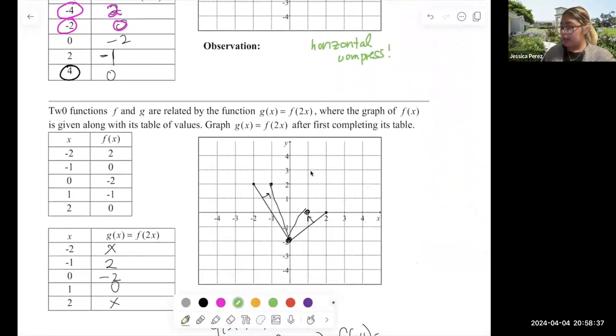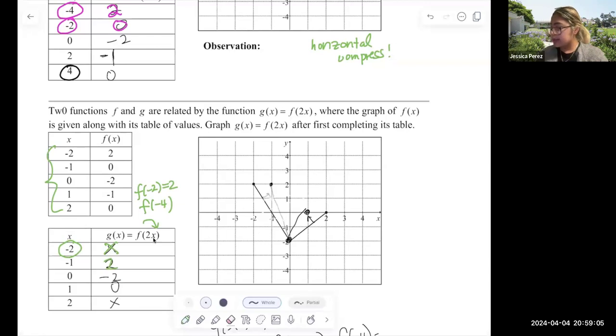Similarly, when you are substituting the value of -2 here, f of -2 is f of -4, but we don't have -4 here, so we don't have a value there. When I plug in a -1, f of 2 times -1 is f of -2. F of -2 is +2 right there. So we have -1, +2 right here.